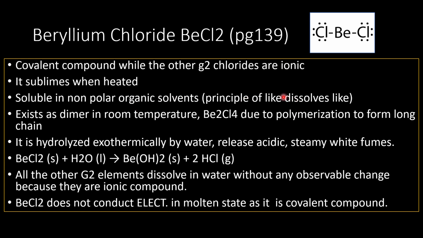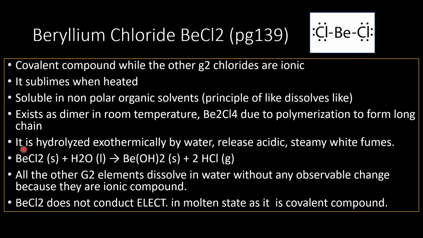While the other ionic chlorides like magnesium chloride are ionic compounds, they can only dissolve in polar solvents. This is what is mentioned in the principle of like dissolves like. Beryllium chloride also exists as a dimer at room temperature, as Be2Cl4, due to polymerization to form a long chain.